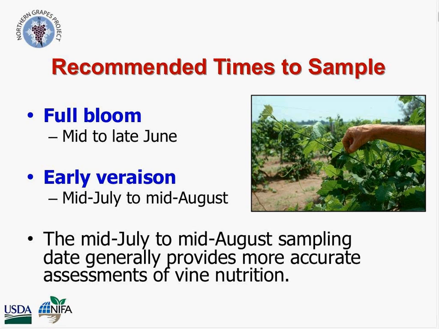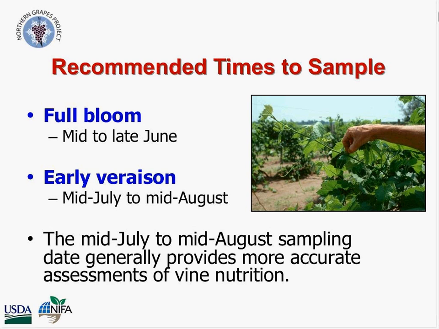And during that period, mid-July to mid-August, the decline is at a slower rate than from bloom to the mid-July period. So it gives us a little more accurate reading there. We have a lot more data on it as to what it needs.